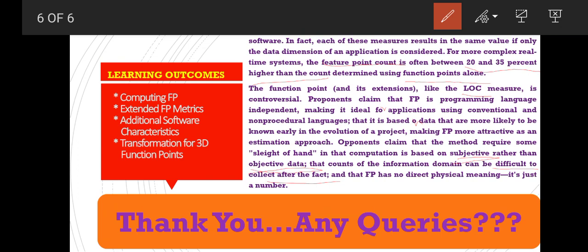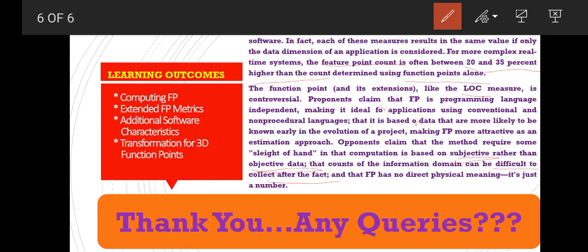It's just a number, which changes depending upon the weighted measures and also the number of occurrences. So these are the claims by different opponents regarding predicting values for projects that follow the estimation approach.